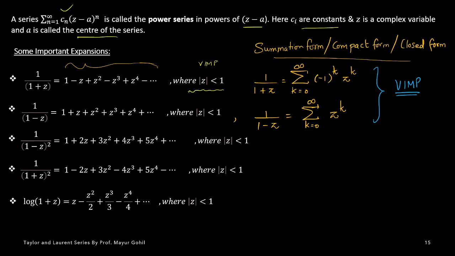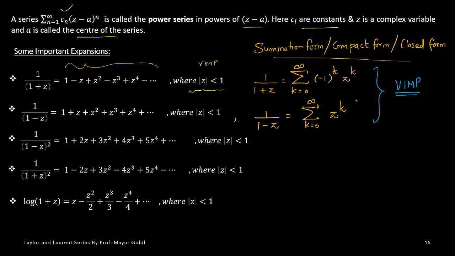So we need not worry about log, but the two that have come, 1 upon 1 plus z and 1 upon 1 minus z, are very crucial to our expansion and understanding. As and when we need them, we will use them. Also be acquainted with this summation format or compact form.